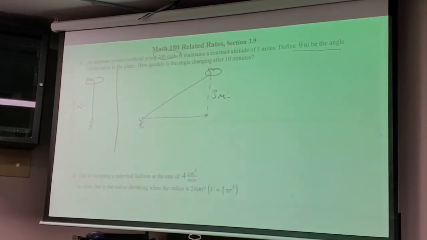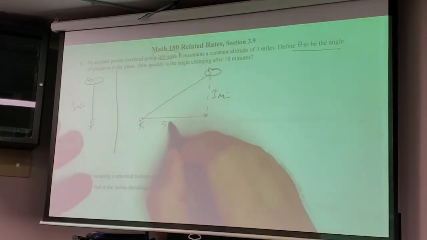Oh, I got dissension in the ranks. 10 minutes, like I just said a minute ago. Now you see why I'm doing that, right? I need to know how far that is. 10 minutes is 1/6 of an hour. 1/6 of 300 will be 50, right? So whoever said 50 is correct. So this is 50 miles over.